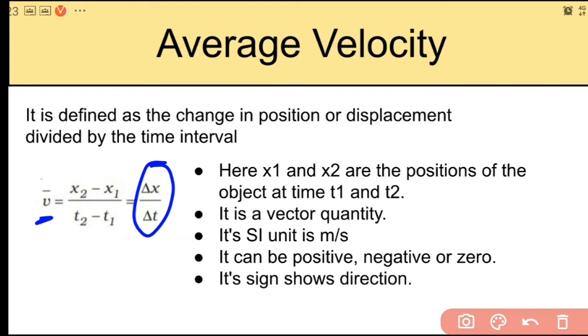In one-dimensional motion, I already told it is very easy to show a vector quantity's direction. The direction is shown by positive or negative, that means the sign stands for the direction. So in average velocity also, it is a vector quantity, and the positive or negative sign represents its direction.